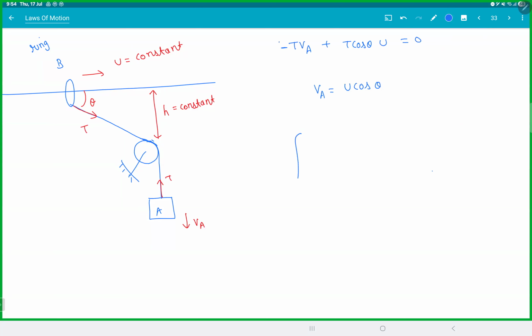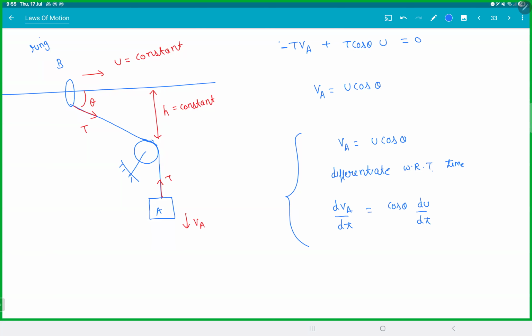Now, the most common mistake people make is this. They write VA is equal to U cos theta. Since you want acceleration, differentiate with respect to time. This will become dVA by dt, and this will become cos theta du by dt.